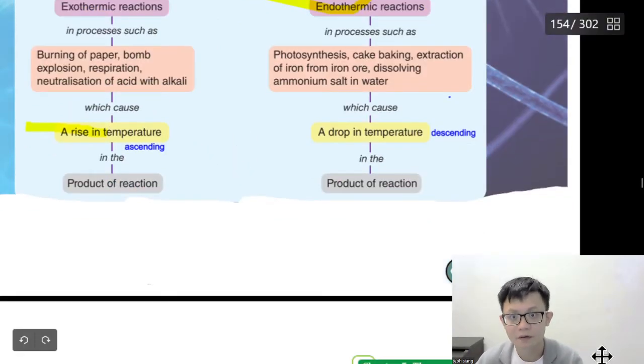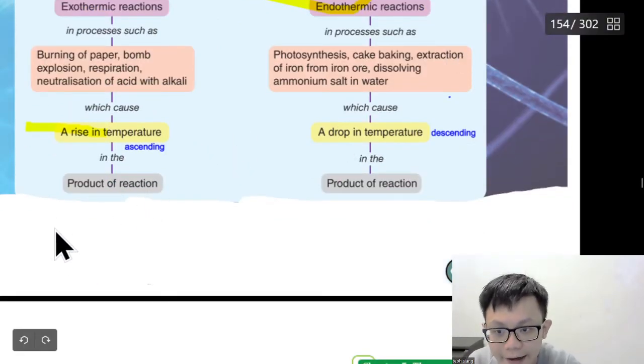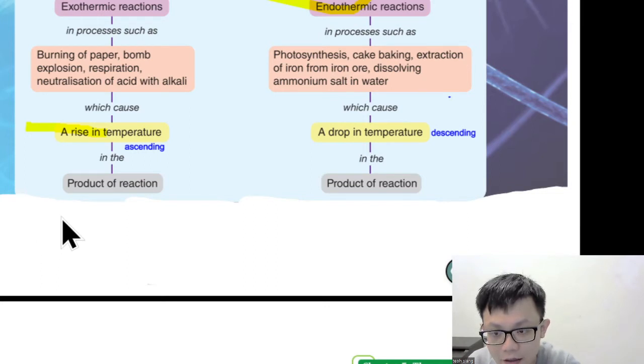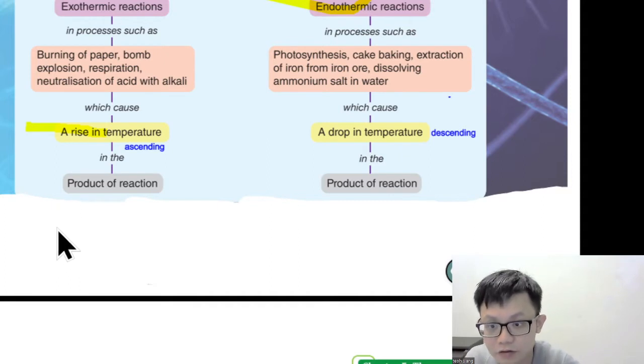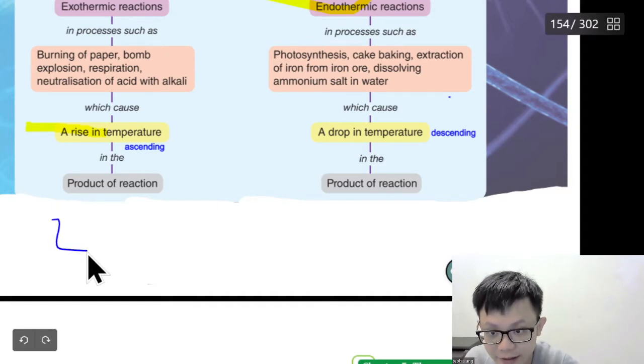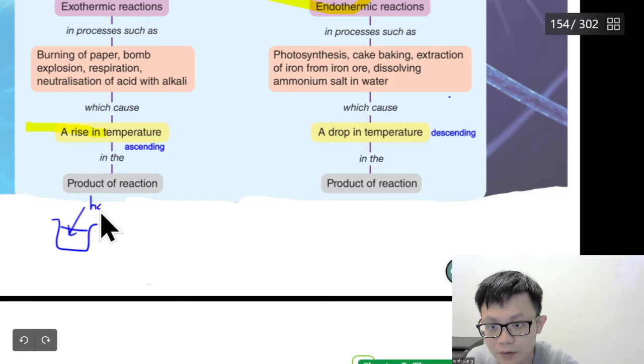Okay, so for example, let's say I draw a cup of hot water. I just draw like that, and this is the hot water. Or I boil the water.